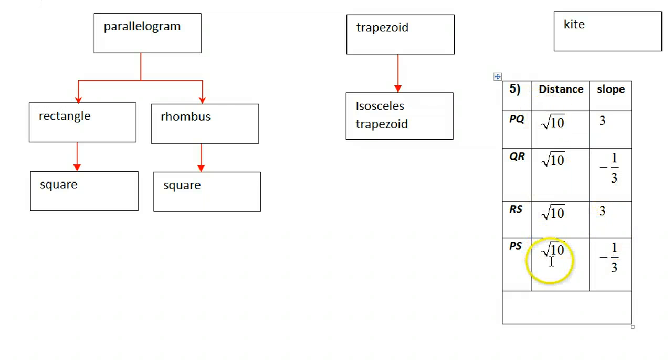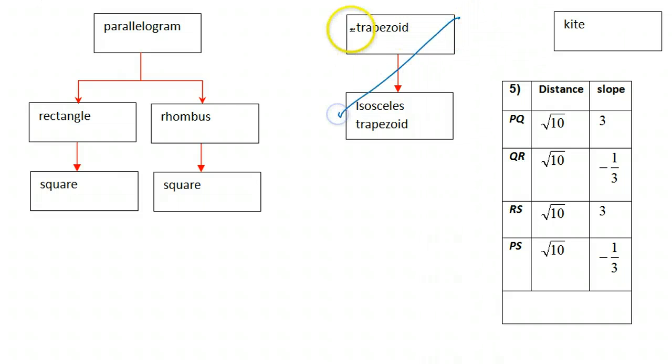Well, all of the sides have length radical 10. That means opposite sides are congruent. So it is a parallelogram. Also, look at the slopes. 3 and 3. Opposite sides are parallel. Negative 1/3 and negative 1/3. Opposite sides are parallel. So it's definitely a parallelogram again.